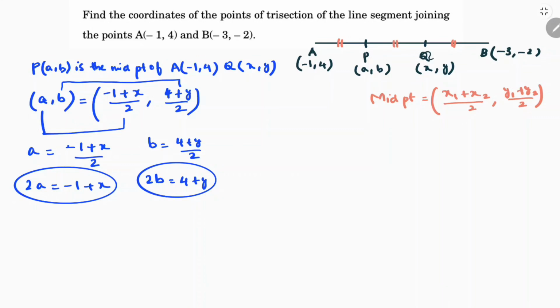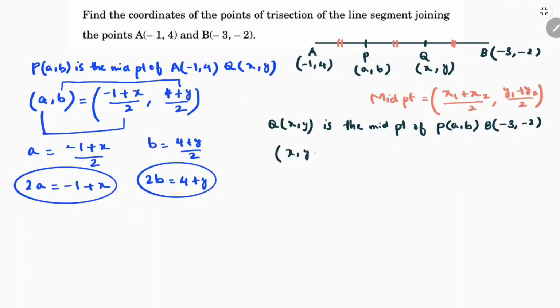So Q is the midpoint of PB. Q, that is (x, y), is the midpoint of P, that is (a, b), and B(-3, -2). So (x, y) equals ((a minus 3) by 2, (b minus 2) by 2).